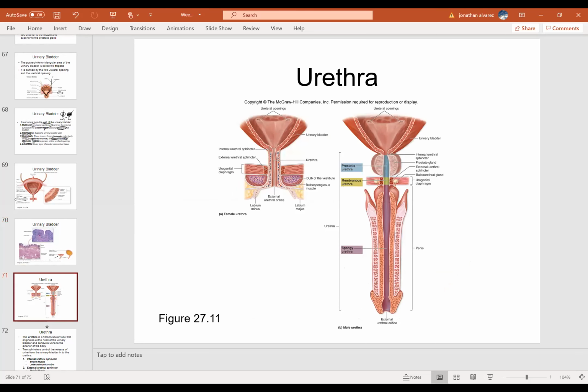Okay, a female urethra, as far as length, is smaller than a male urethra. Excuse me. So if you've already catheterized someone, both genders, you'll have experienced, obviously, the difference in the technique.